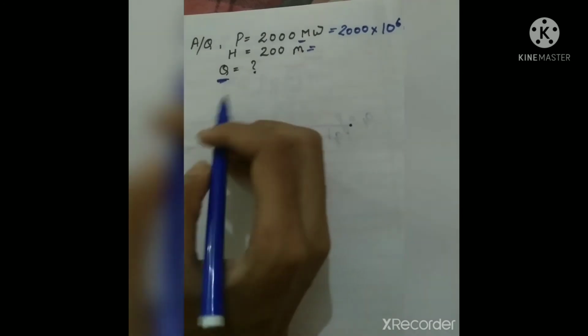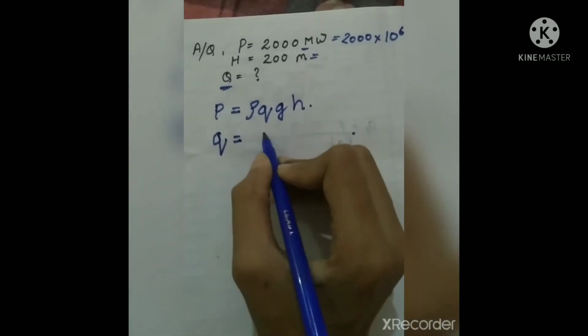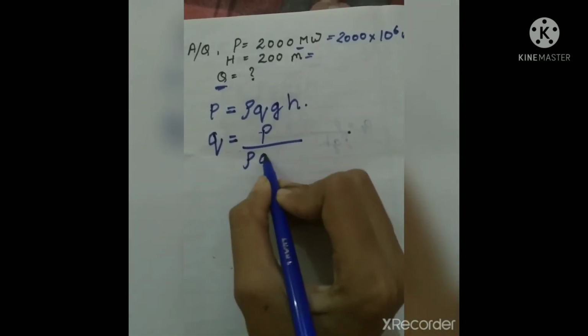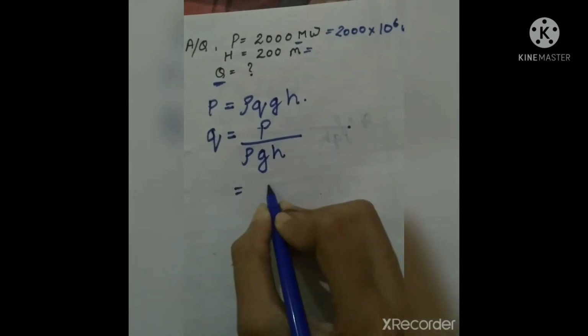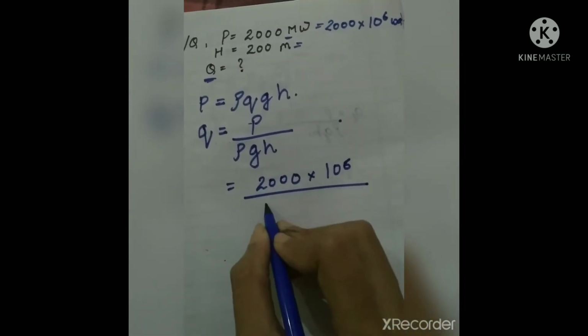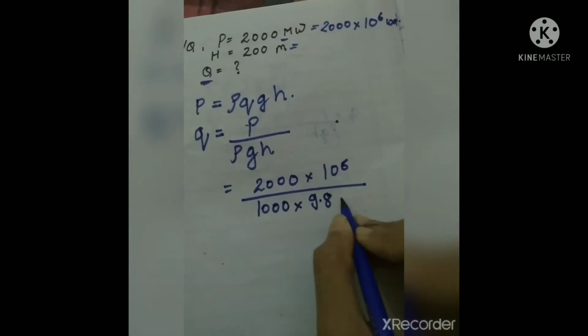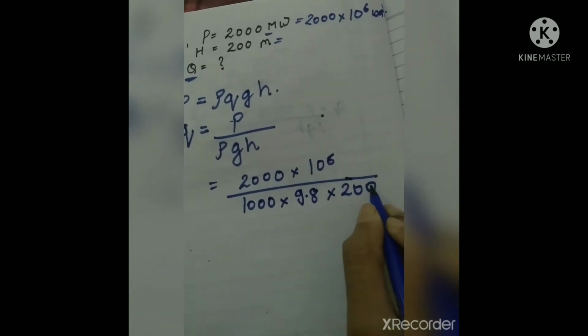Now for finding flow rate, our formula will be Q is equal to power upon rho G H. Now we will put the values. Rho will be equal to 1000, that is the density of water. Gravity is equal to 9.8 and height is equal to 200. Now we will solve it.